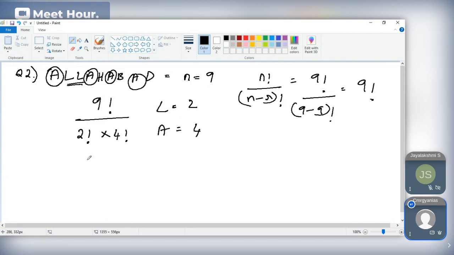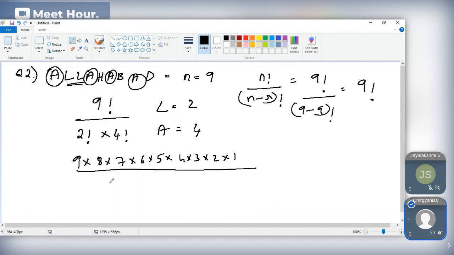9 factorial becomes 9 into 8 into 7 into 6 into 5 into 4 into 3 into 2 into 1. This all will be divided by 2 factorial into 4 factorial. You can keep it like that only. 4 factorial is nothing but 4 into 3 into 2 into 1, so this and this you can cancel completely. 2 factorial is only 2, you can cancel out 2.